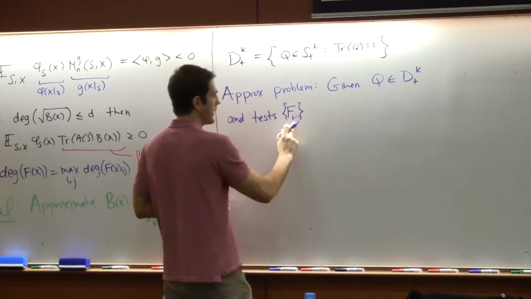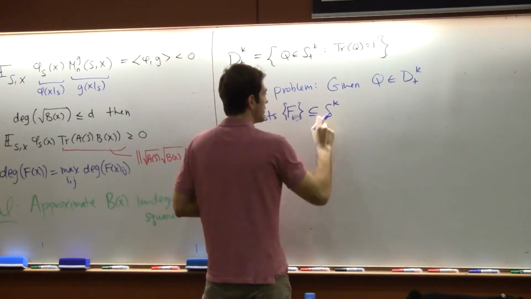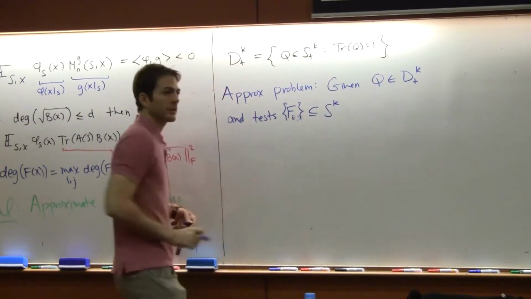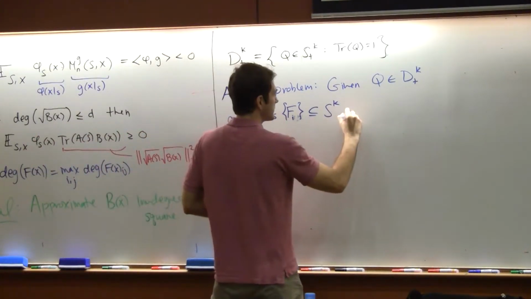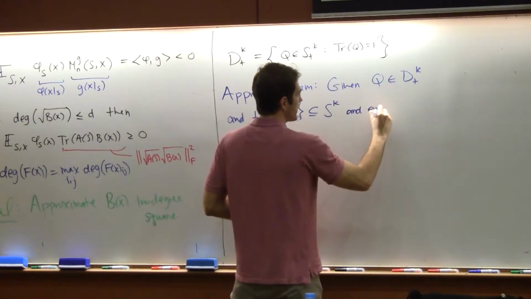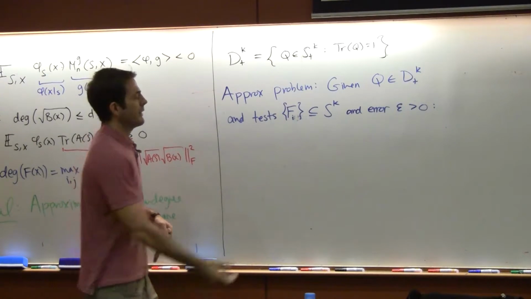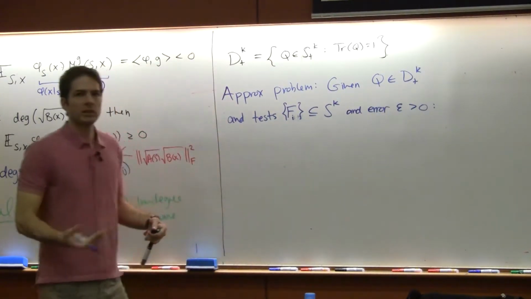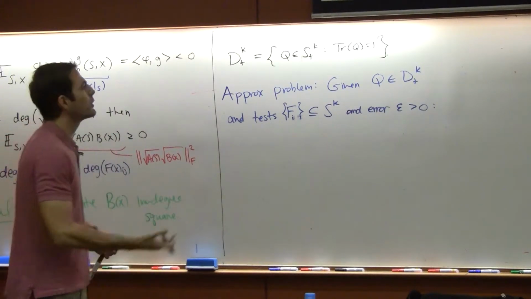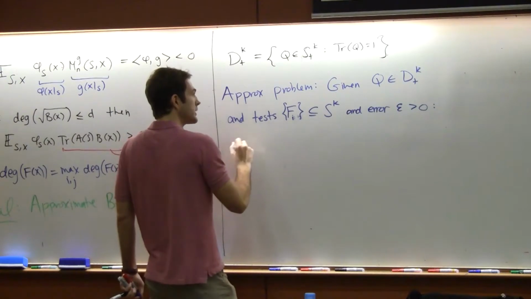The tests are just symmetric matrices. And we're given some error parameter epsilon. So we have Q, some error that we allow ourselves, and these tests. The idea is that we would like to construct an approximator that does almost as well on the tests as Q does.